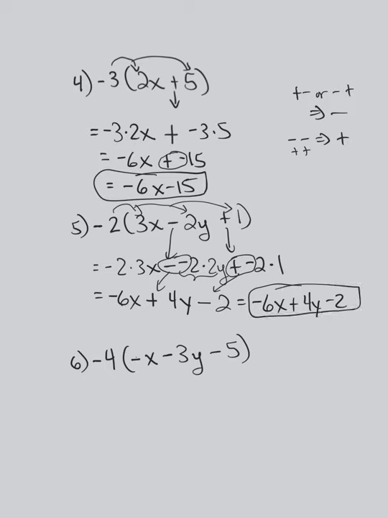Okay, now last one here, look at all these minuses that we have here. All right, but the key thing is I'm going to distribute that -4. And at first, remember, these operations, these numbers just stay there. Okay, so I have -4. The leading one's a little tricky, but I have -4 times -x.